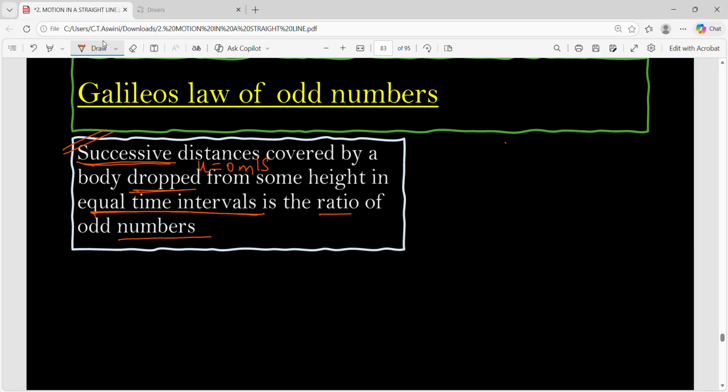What does it mean? Let us consider a body which is dropped. That means initial velocity is 0. Imagine after 1 second, this is the position of the body. After 2 seconds, this is the position of the body. Then after 3 seconds, this is the position of the body and it continues to move further.